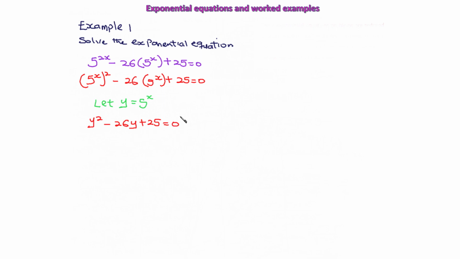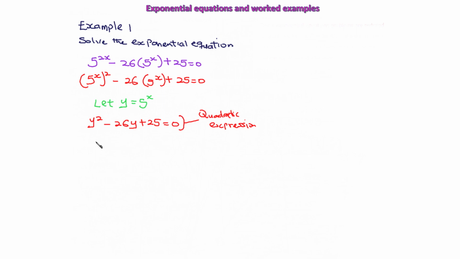Now, this expression is what? Quadratic expression. Now, for those of us that understand quadratic equations, you can go on and solve for x. But for those of us that don't understand, we will resolve this using factorization.